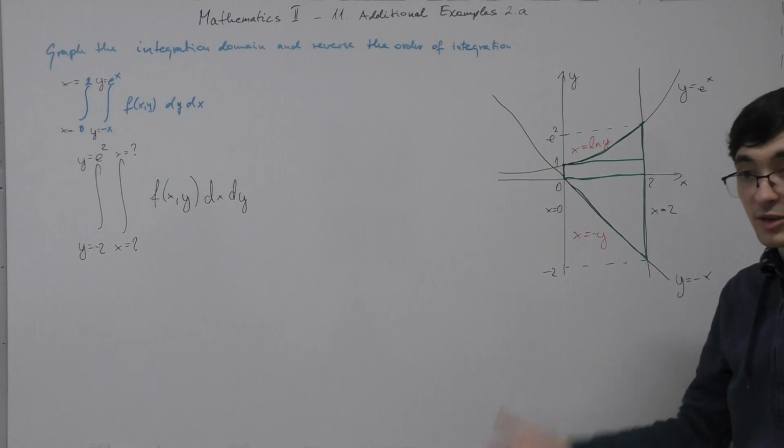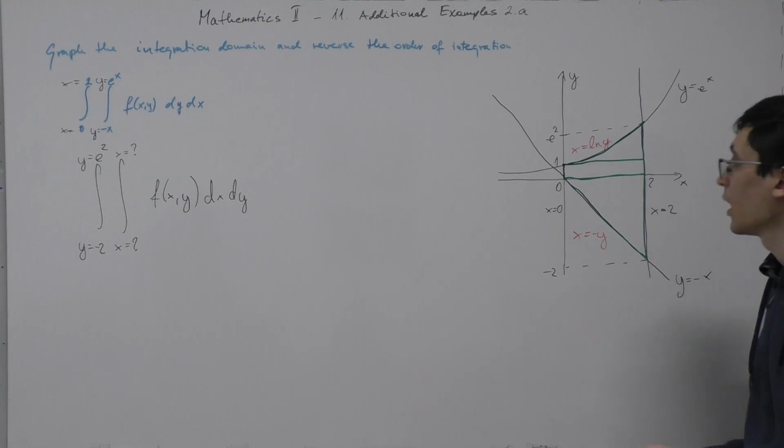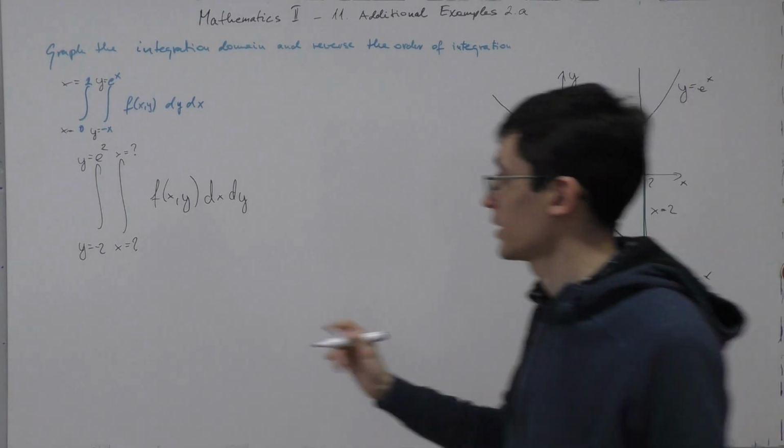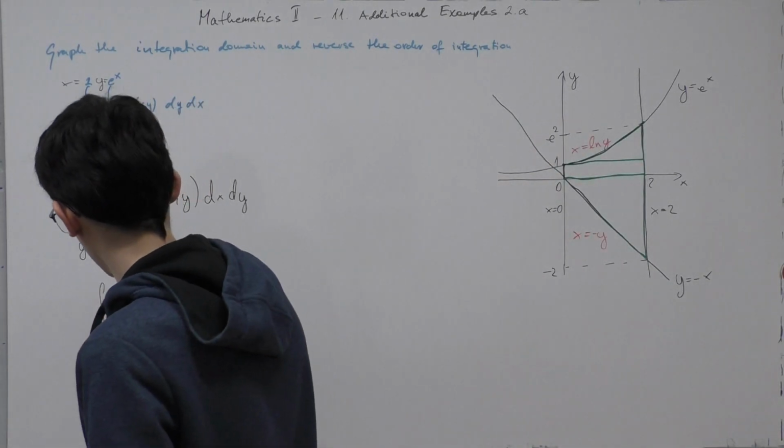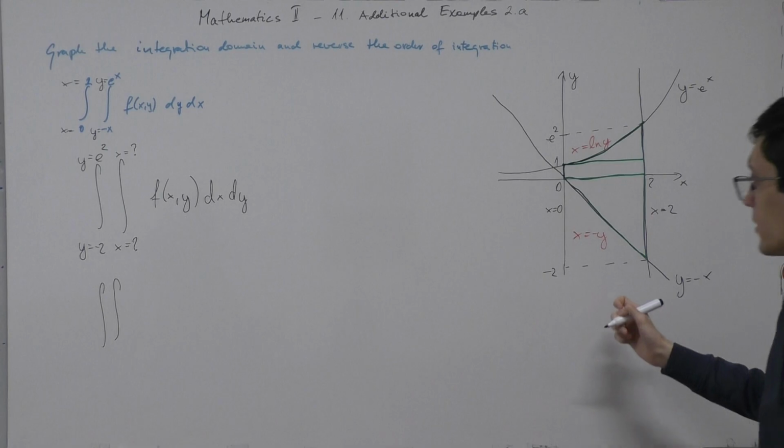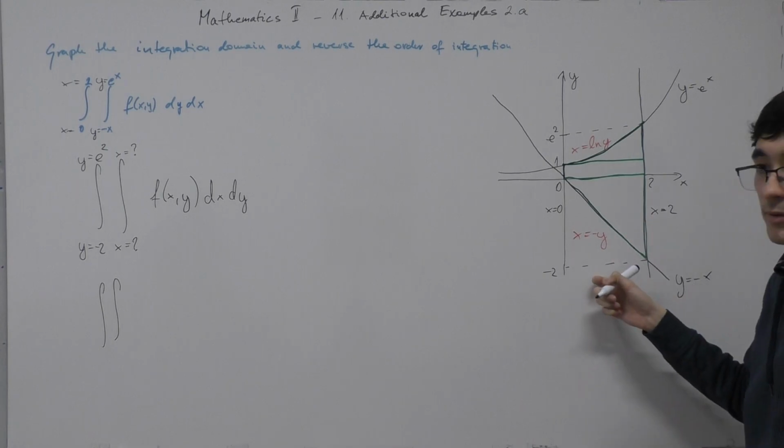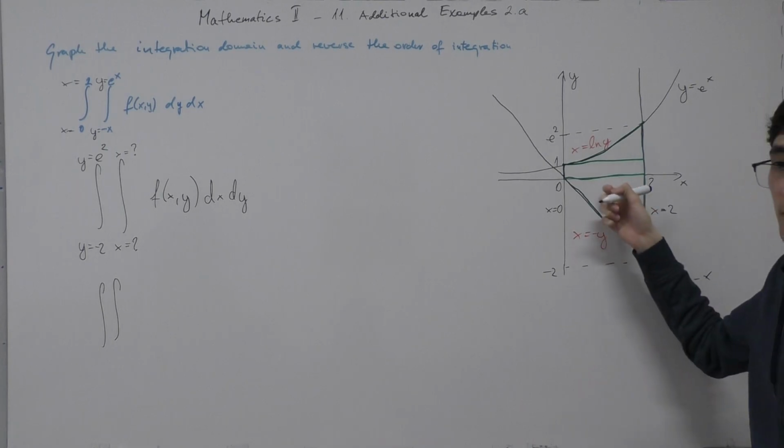Now we will have 3 integrals, and the first one will be going from y equals negative 2 to y equals 0.